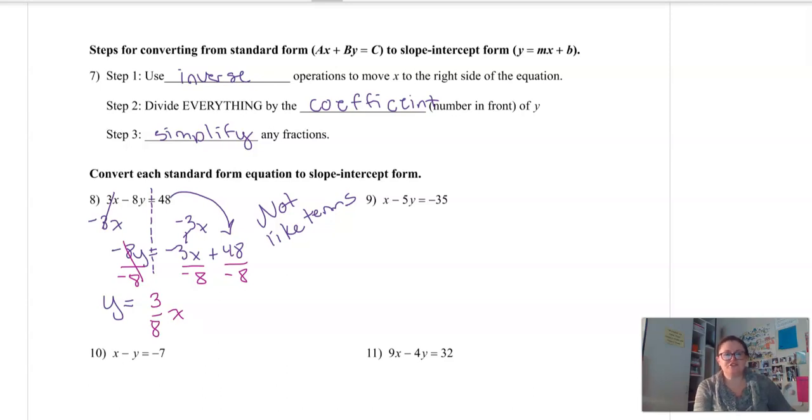Use a calculator if you're not sure on that one, but it doesn't reduce, but we do have to consider that negative divided by negative is positive. Positive divided by negative is negative. 48 divided by 8 is 6, because 6 times 8 is 48. So there we go. We have slope-intercept form. Y equals 3/8x minus 6.